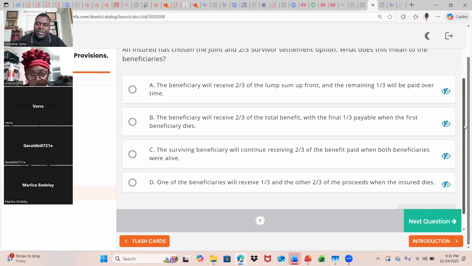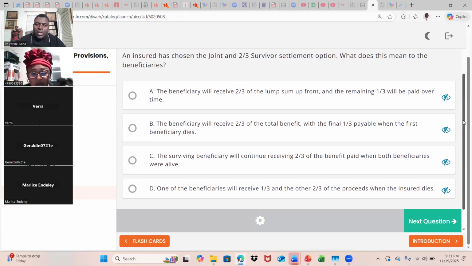First of all, let's first define some terms here. This talks about two concepts: joint life and then joint and survivor life.